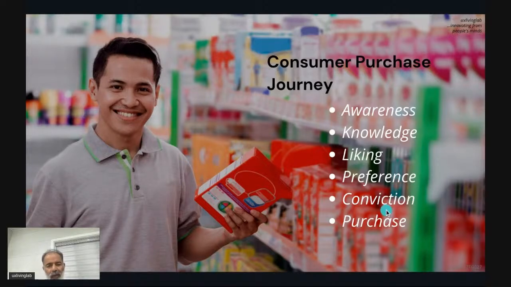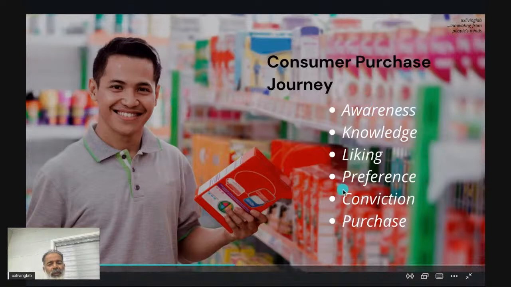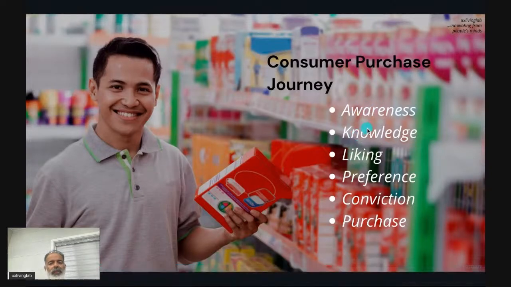Then he again reconfirms his decision by different means, maybe talking to friends or searching on the net, whether my decision is correct or not. Then purchase. So these are the typical purchase journeys.